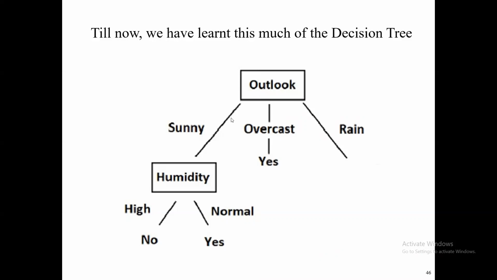But if outlook was equal to sunny, we would have to look into the humidity levels. If the humidity level was high, then the decision was not to play tennis. But if the humidity level was normal, then we decided that we can play tennis. Next up, we'll have to decide what to do if outlook is equal to rain.